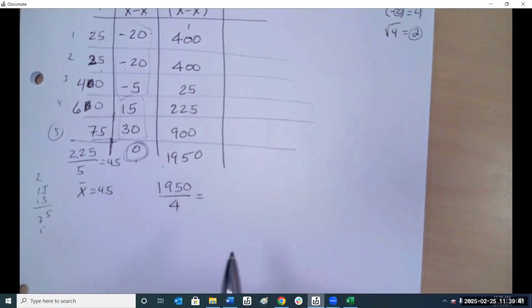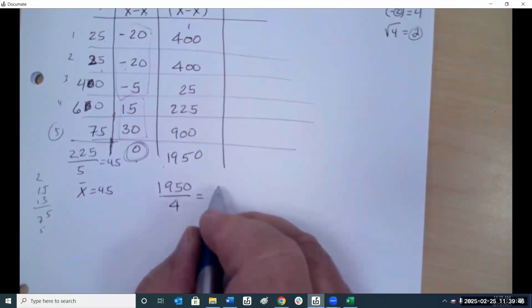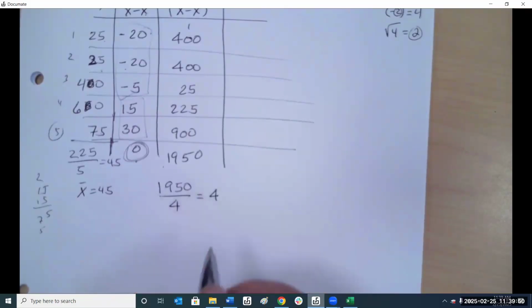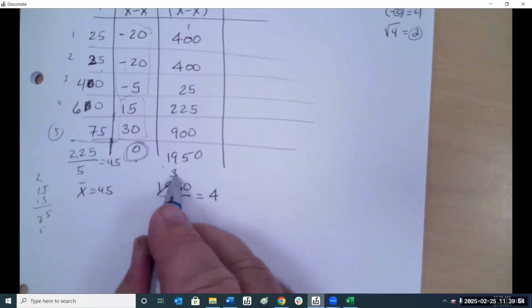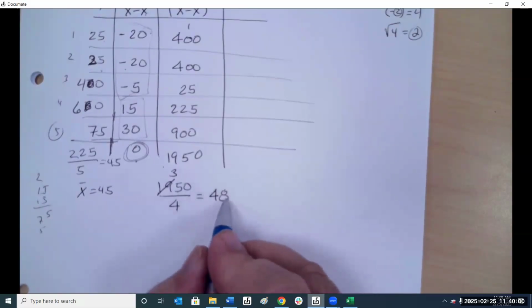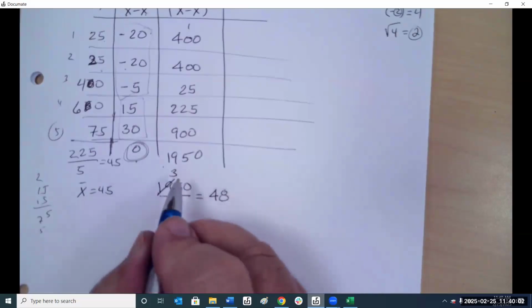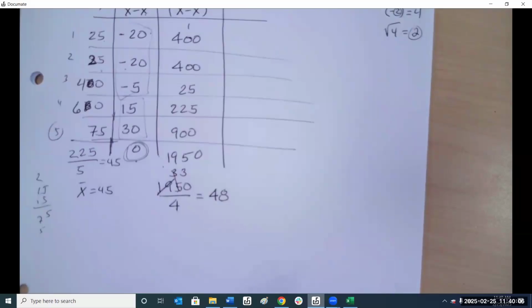4 goes into 19 how many times? 4 times 4 is 16. So that means there's 3 left over. 4 goes into 35 8 times. 8 times 4 is 32, so that leaves 3 left over.